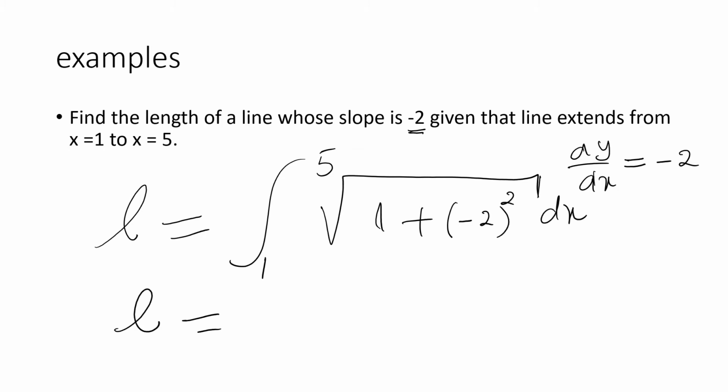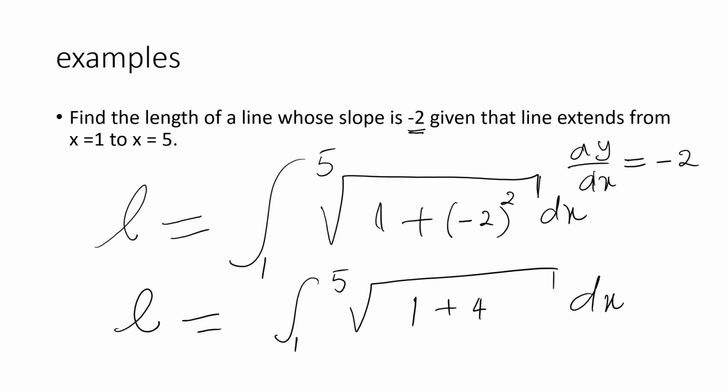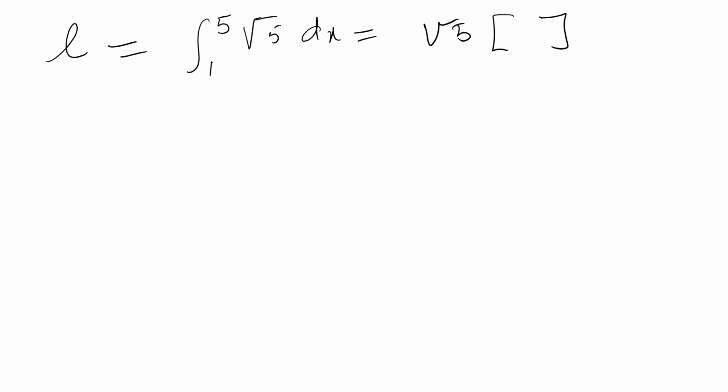So s is equal to the integral from 1 to 5 of the square root of 1 plus 4, dx. So s is equal to the integral from 1 to 5 of the square root of 5, dx, which is equal to the square root of 5 times the integral of dx, which is x, from 1 up to 5.